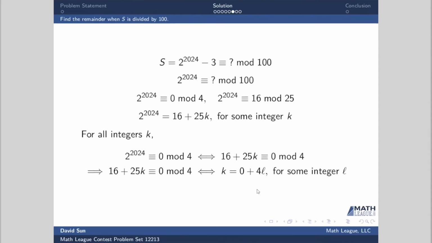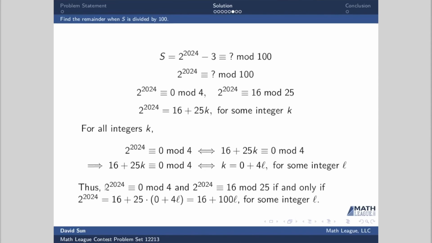At this point, we know that 2 to the power 2024 is equivalent to 0 mod 4 and equivalent to 16 mod 25. So both are true at once. If and only if 2 to the power 2024 is equal to 16 plus 25 times (0 plus 4L).